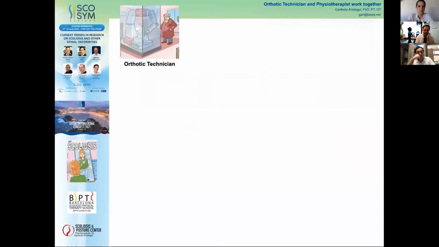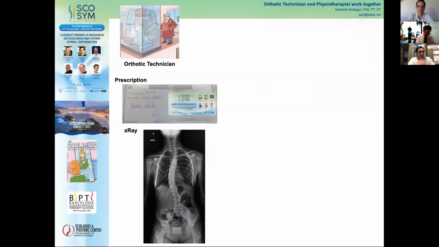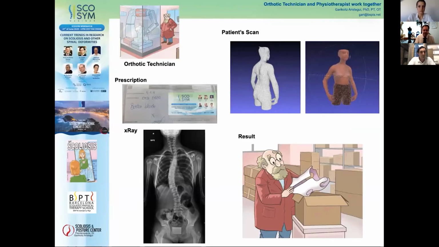As an orthotic technician here in Spain, what work does he do? First, he needs the prescription. After this, he is going to have the X-ray. Then some of us have the possibility to work with a scan: we scan the patient with a three-dimensional scan, and the result is the brace that is going to be sent to different places.